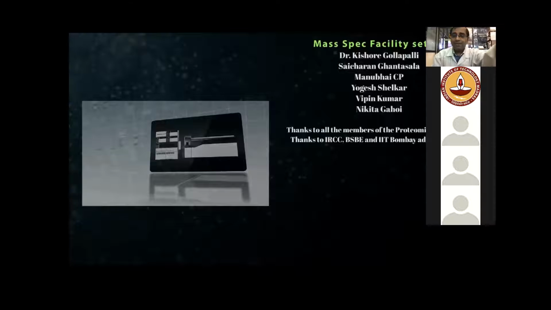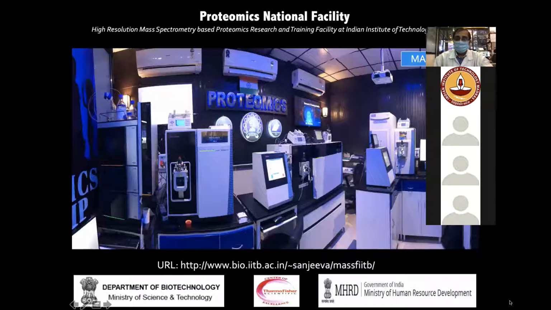All right, so let me get ready to move inside the lab, especially following the biosafety regulations. I'm going to take you to this proteomics lab, which is also a national facility where we have various types of very advanced mass spectrometer instruments for deep proteome analysis as well as targeted proteomics analysis and metabolomics analysis.